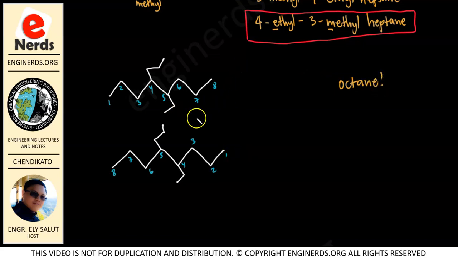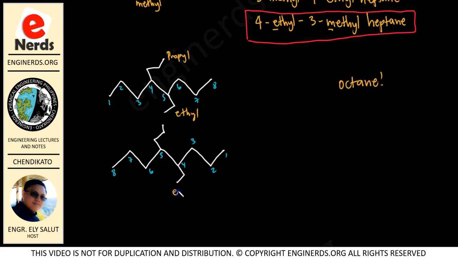Okay, so, unahin natin itong nasa itaas. How are we going to name this? So, sabi natin kanina, it should be arranged in alphabetical order. So, unahin nating bilangin itong ethyl because we have here ethyl. We have 2 carbons, so this is an ethyl. And we have 3 carbon, 1, 2, 3. So this is a propyl. Okay?